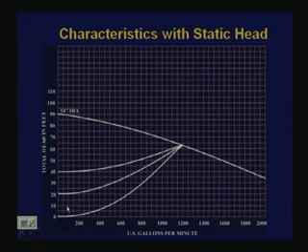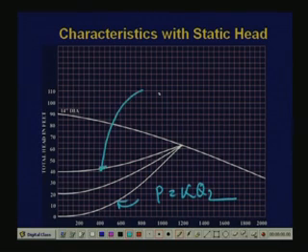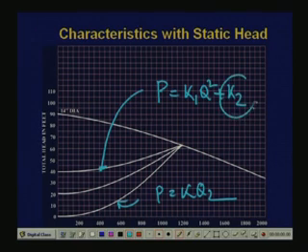The only thing is that in the case of the pump, sometimes pumps operate with a static head. This is one without static head, where P is equal to k q square type of characteristic, but a pump can also operate with a static head where the characteristic is P equal to k1 q square plus k2. This k2 is the static pressure which is there at the pump inlet.